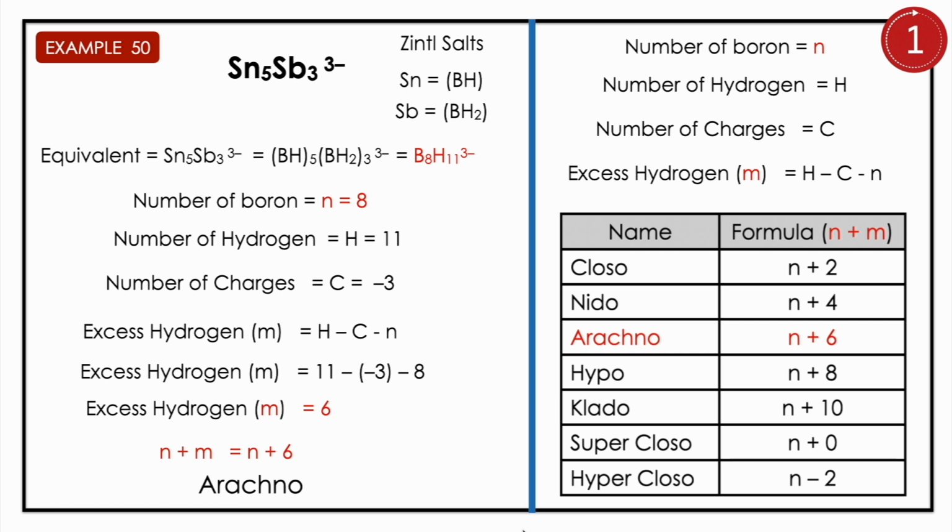If you solve it, you have M equals 6. M equals 6 means it is an N plus 6 system. If you look at the table, N plus 6 means Arachno structure. So according to Wade's rule, the Zintl salt Sn5Sb3 3- has the Arachno structure.